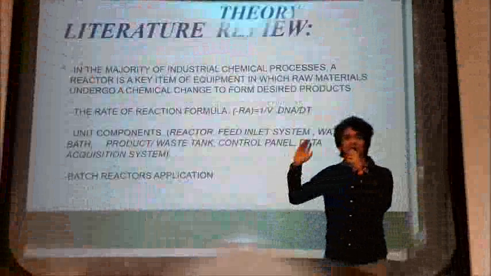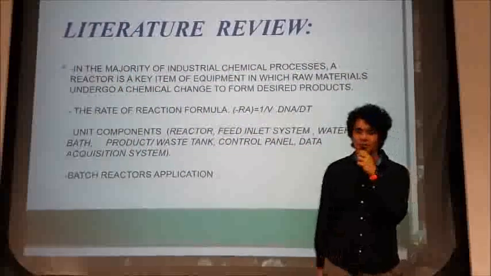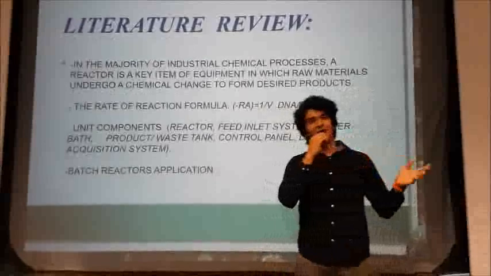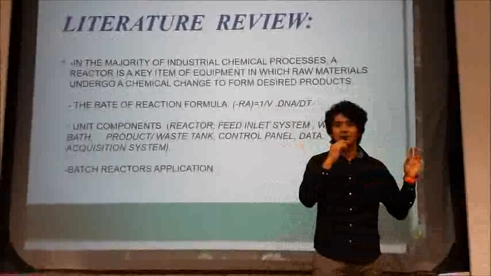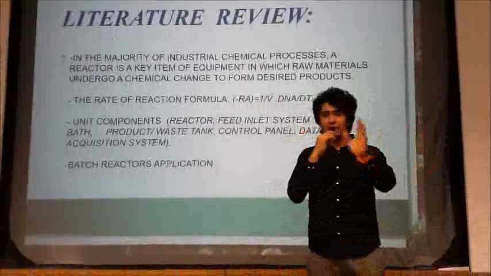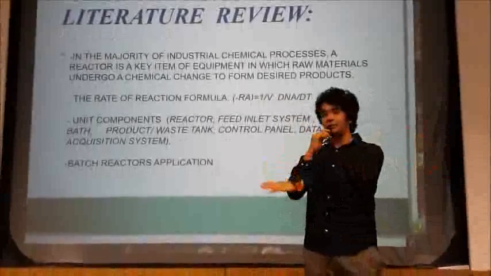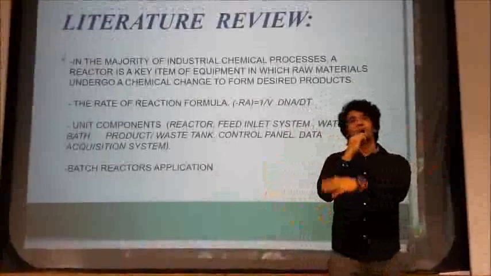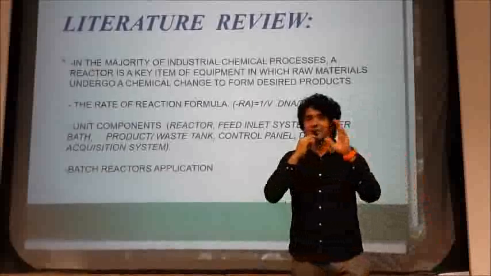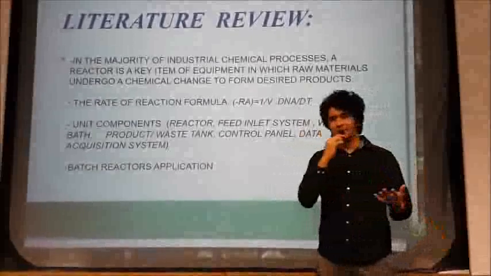We're talking about the literature review of our project. Reactors are very important in the industries. A reactor takes your raw materials, undergoes a chemical process, and produces your desired products. There are many types of reactors.